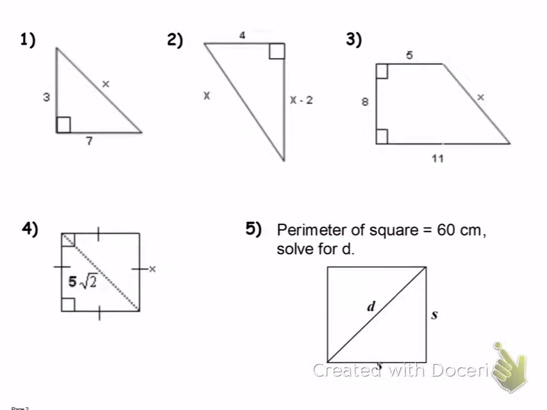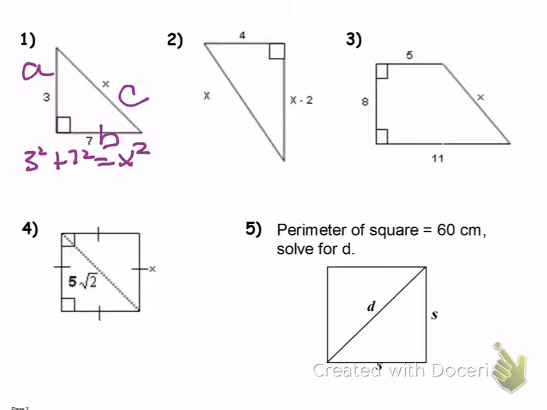So number one, you can see that they give us, but it's going to be the x side that's going to be our hypotenuse. And so it doesn't matter, obviously, which one of these are a or b, but that x needs to be the hypotenuse. And so I'm going to have 3 squared plus 7 squared equals x squared.